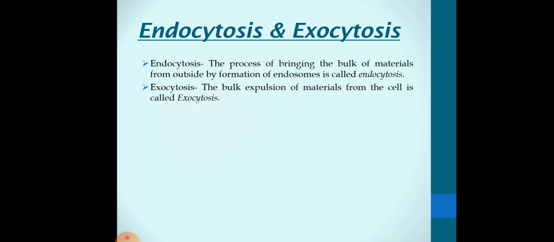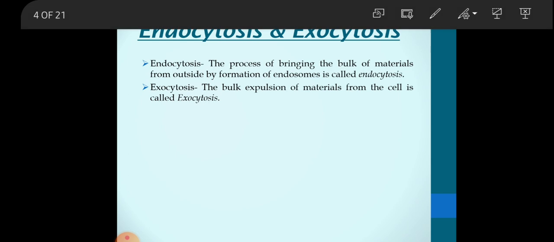That is called endocytosis. And exocytosis is the bulk expulsion of materials from the cell. That means when the cell expels substances from its inside to outside. That is called exocytosis.